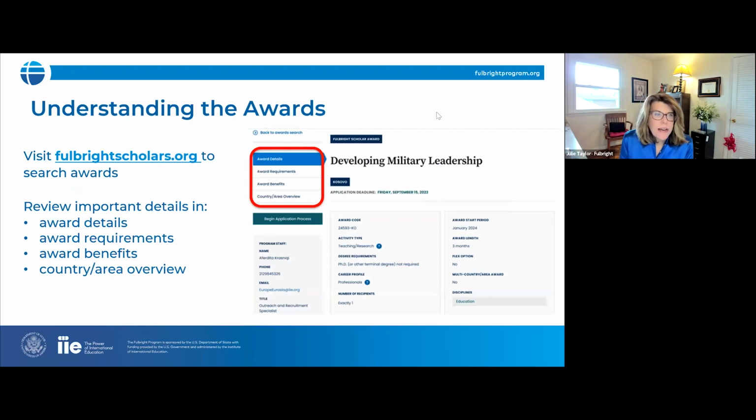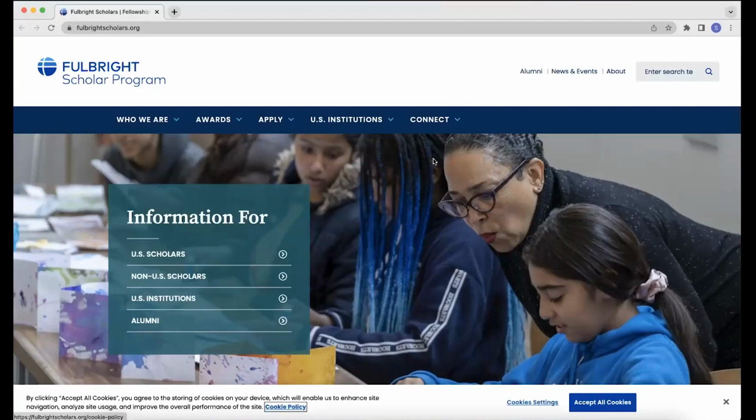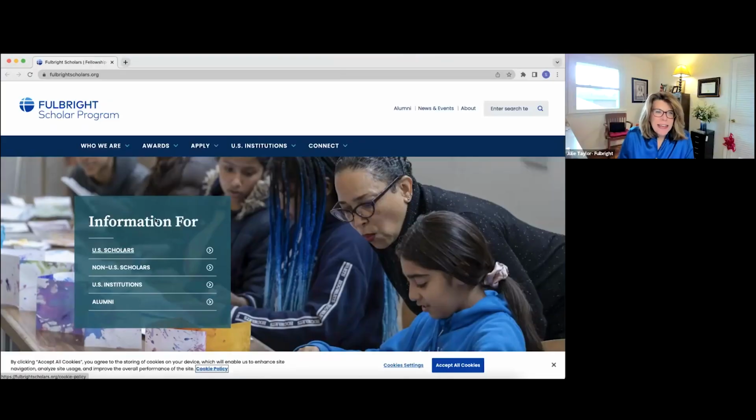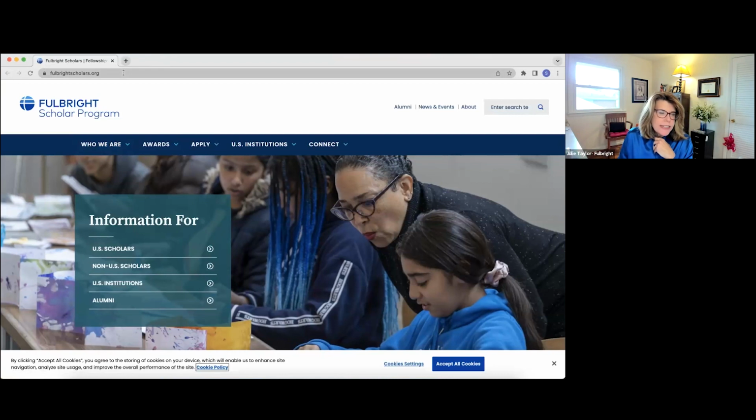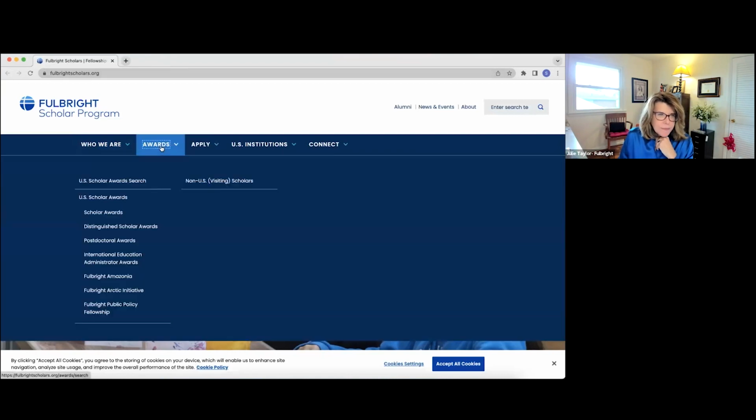So in terms of understanding the awards, here's a picture of an award, but let me see if we can pull up the website. So if we can go up at the top on the blue line, Sarah, if you can go to awards, and then US Scholar Award search.